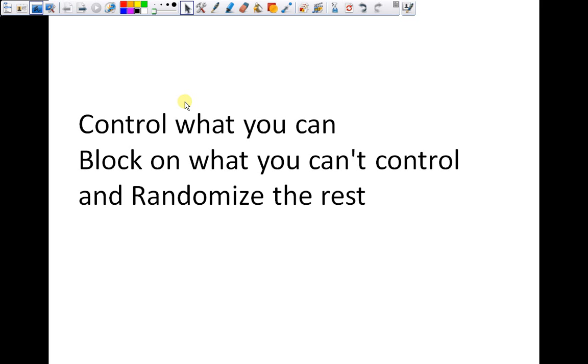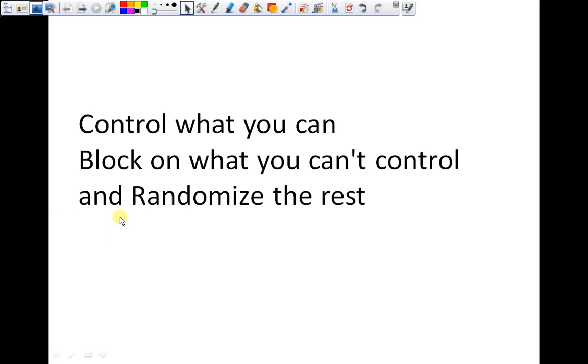Okay. If we couldn't control, we had to block. Well, that's what we did. We couldn't determine whether they worked out or not, so we blocked them and compared apples to apples and oranges to oranges. We looked at people who did work out and compared diet A and diet B, and then we looked at the people who didn't work out and compared diet A and diet B.